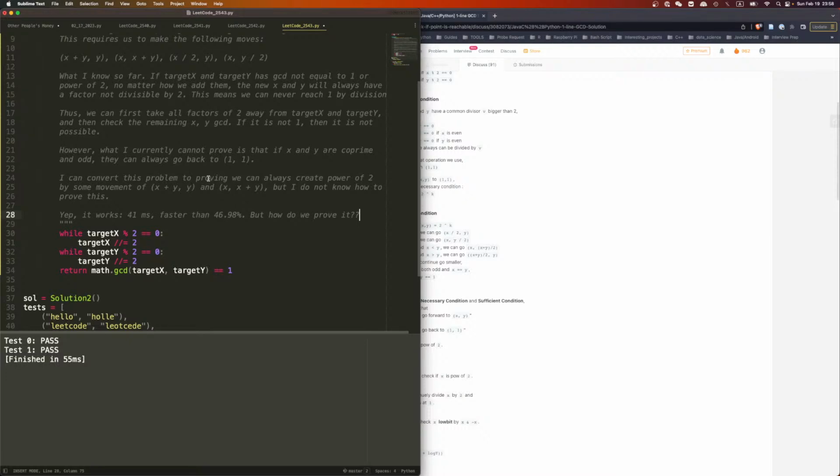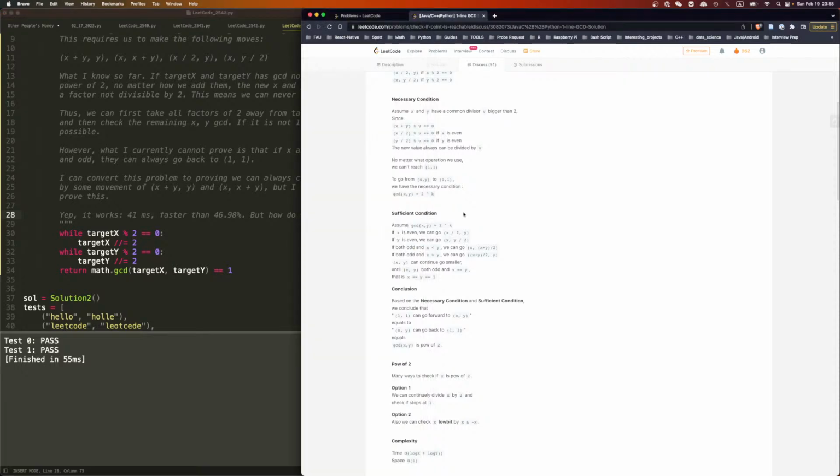So eventually, because you keep going down, then go down to 1 on 1.